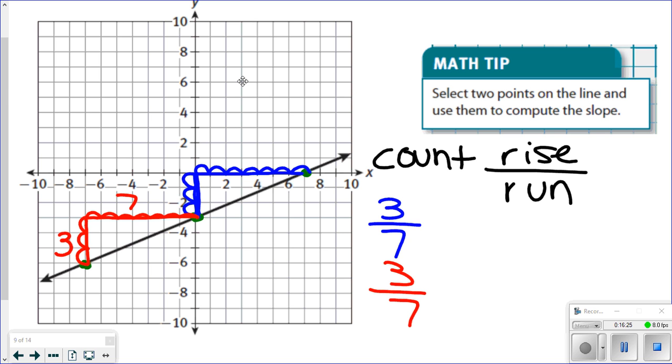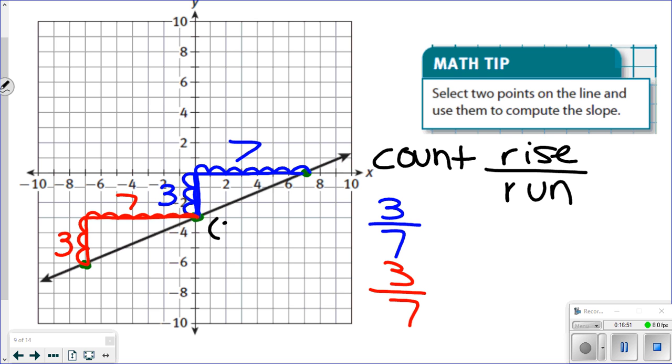So it doesn't matter which 2 points you choose. We're rising 3. That's our vertical change in y. We're running 7. That's our horizontal change, which is also called our change in x. Do me one favor here, and let's write out the ordered pair for this point.